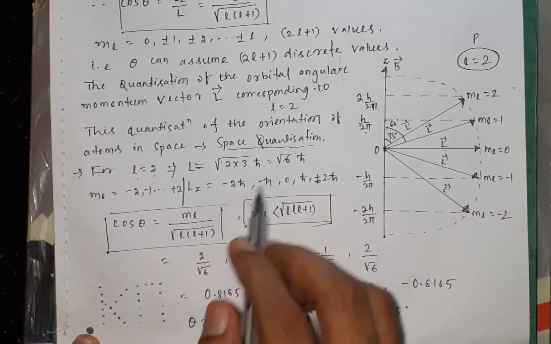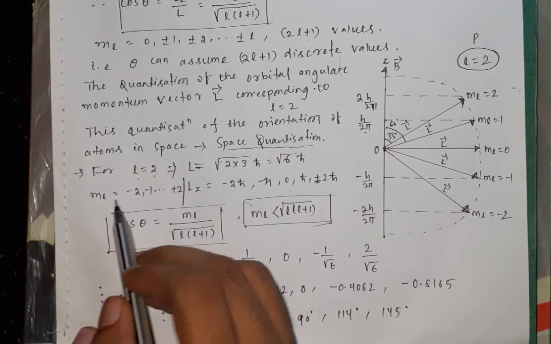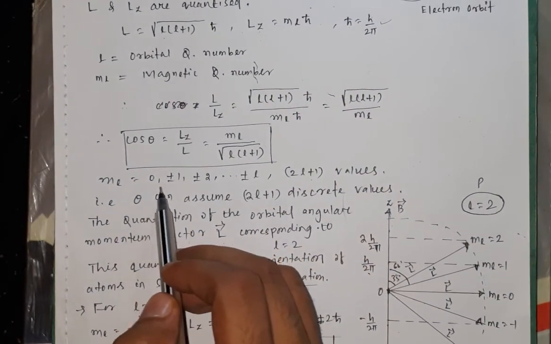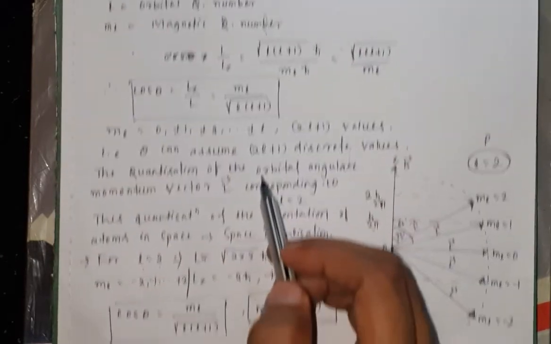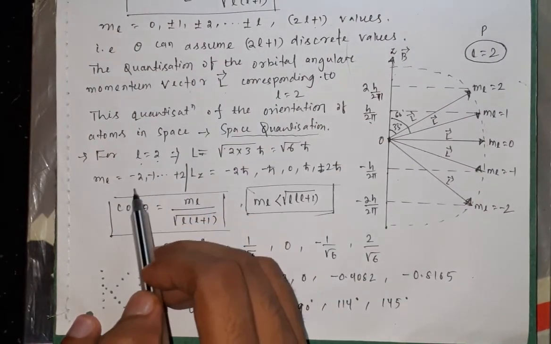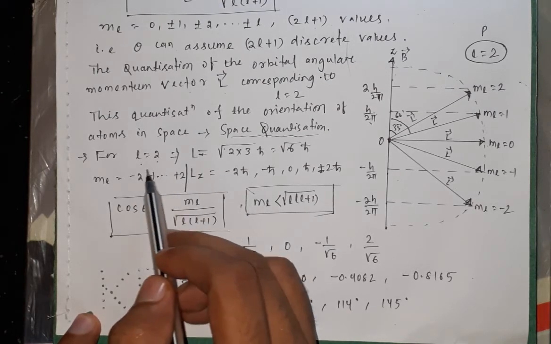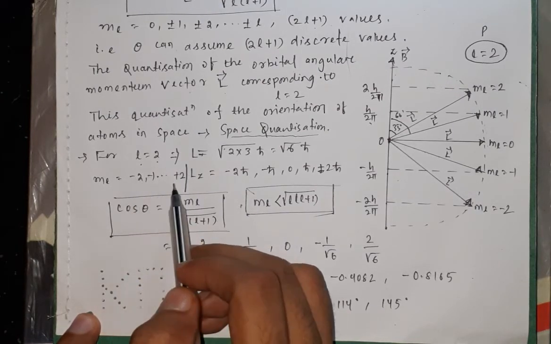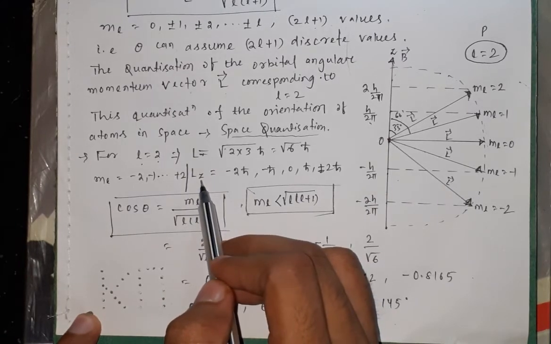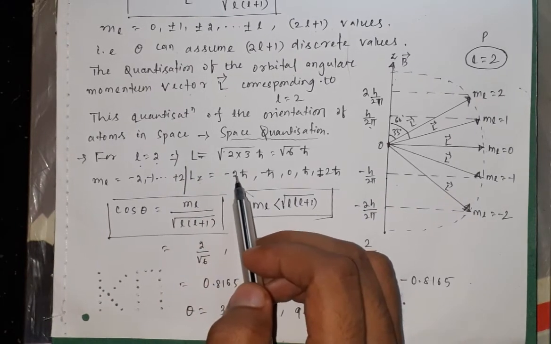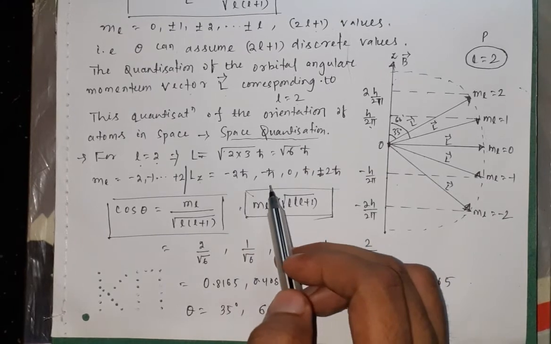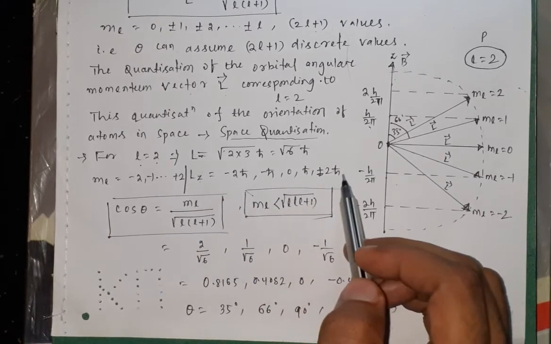Similarly, we know that the value of ml equals minus l to plus l. So for 2, that is minus 2, minus 1, 0, plus 1, plus 2. Corresponding to this ml, the value of Lz, because Lz equals ml h cross, equals minus 2 h cross, minus h cross, 0, plus h cross and plus 2 h cross.